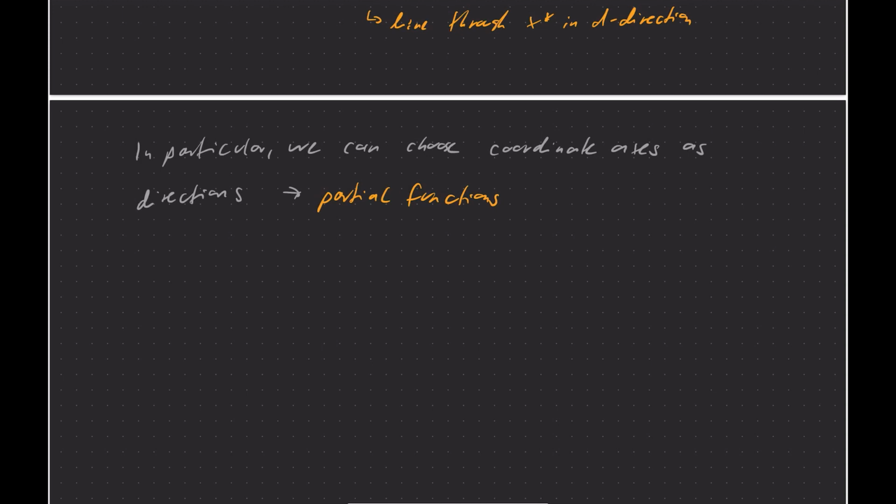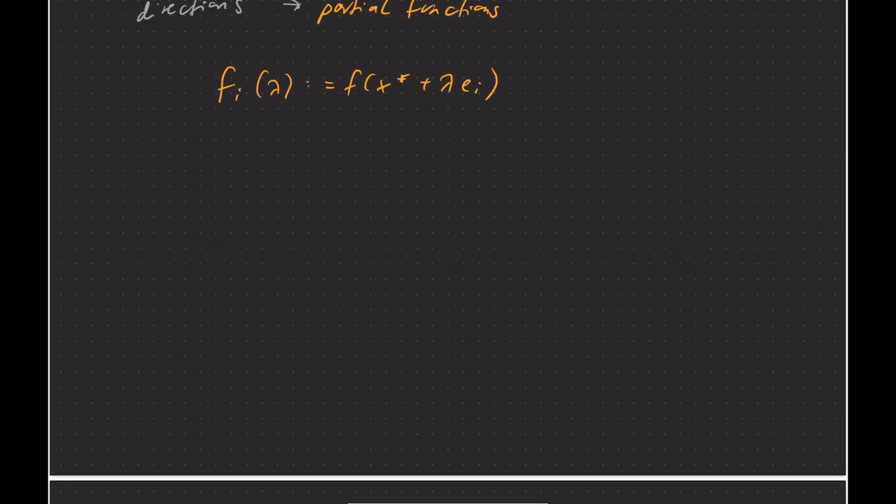So we define a partial function f_i of lambda as f of x star plus lambda e_i. And the question is, of course, what can these partial functions tell us about the properties of the original function f, in particular with respect to differentiation.